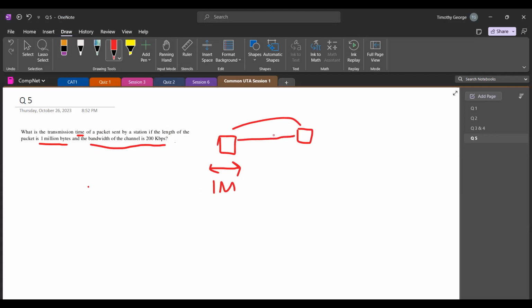Bandwidth is the capacity of the network between these two nodes. Let's say this is A and B. You have the network between this. The capacity of the network, the bandwidth, is given as 200 kbps. So let me write 200 kbps.